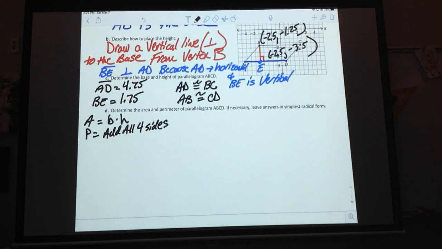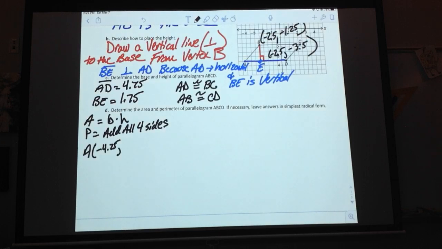I know that A, I'm going to put this over here, A. We've already said, we have not said A. Where's A? A is at negative 4.25 and negative 3.5. And I know that B, we've already said where B is, negative 2.5 and negative 1.75. Now remember, I only need to find AD, which I have already, it's 4.75.